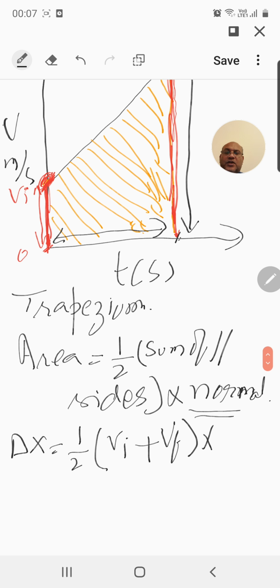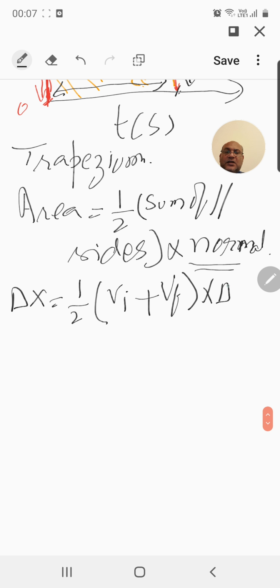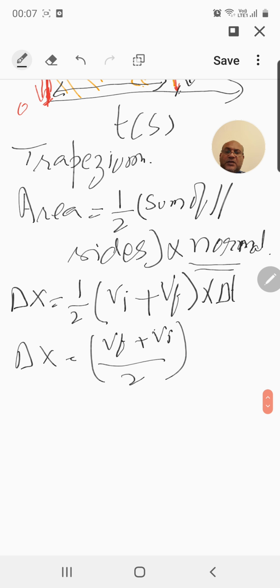The normal is parallel to time, so it is delta t. So delta x is equal to vf plus vi, or vi plus vf, divided by 2, multiplied by time.